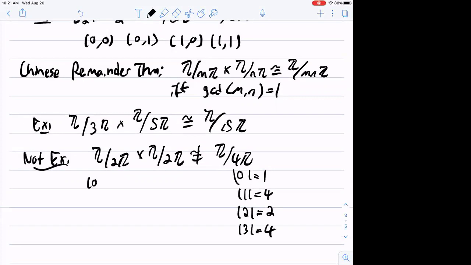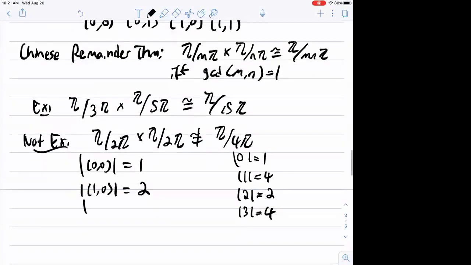Here, on the other hand, the order of (0,0) is 1 because it's the identity. The order of (1,0) is 2 because 1 plus 1 is 0 and 0 plus 0 is 0. The order of (0,1) is 2 and the order of (1,1) is 2. So you see these groups can't be the same, their orders don't even match.